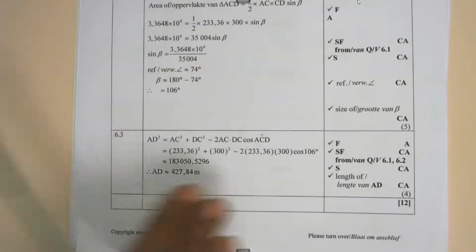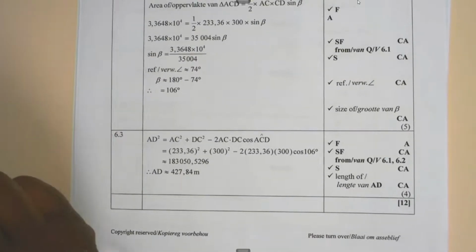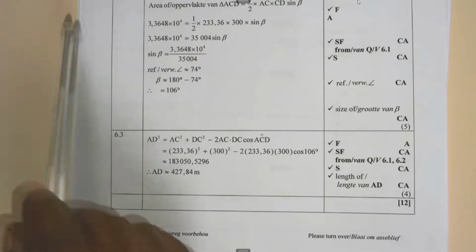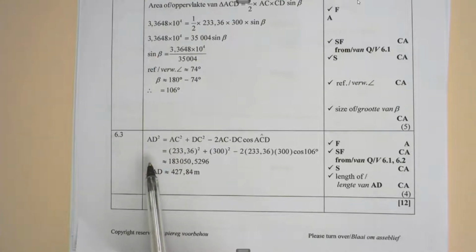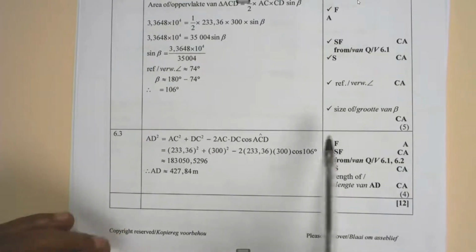And then moving to 6.3, colleagues, we realize here we were requested to calculate the side AD. Here learners applied the cosine rule, where they make that side the subject of the formula. And then if you square it, it will give you 427,84 meters. So formula accuracy. Why accuracy?